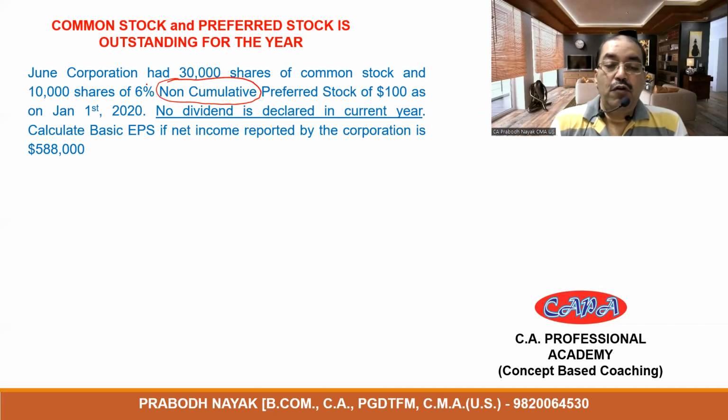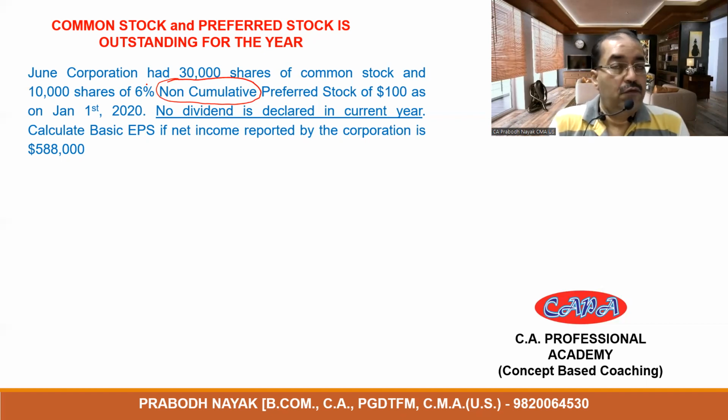So if it is non-cumulative preferred stock, there is no such right for the stockholders. So if dividend is not paid, bad luck, you don't get anything. So for non-cumulative preferred stock, I will subtract the dividend only if dividend has been declared in the current year. But they have very clearly mentioned no dividend is declared in the current year.